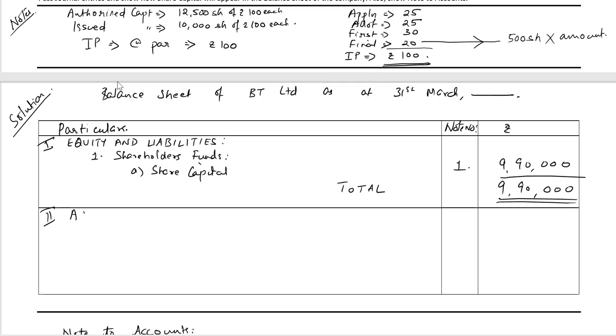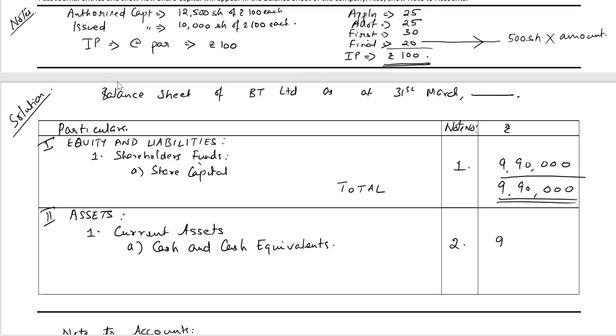Roman number 2, assets. We'll begin with current assets. We have A, cash and cash equivalents. As per note 2, the amount of cash and cash equivalents is 9,90,000 rupees, and the total of the asset side of the balance sheet is also 9,90,000 rupees.